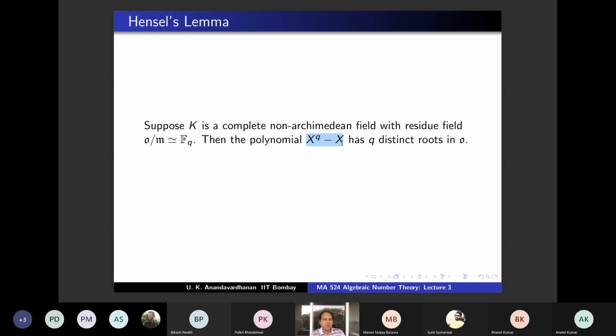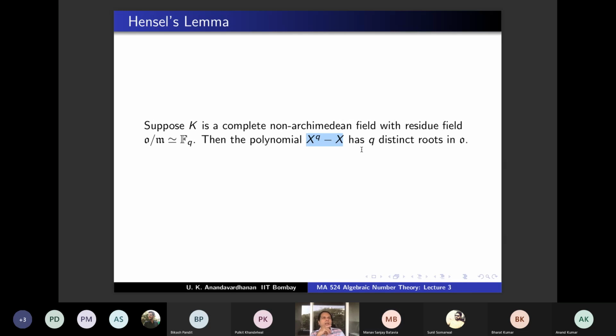Let us see, at least one root can you lift using this, because you want f after bar, right? So if you do bar, then it has a root, one root, and that one root can be lifted using the trivial case, right? Yes. Because f bar of alpha naught is 0 and f prime bar at alpha naught is non-zero. So one root can be lifted, and this polynomial can be written as x minus alpha times a polynomial of degree q minus 1, right?